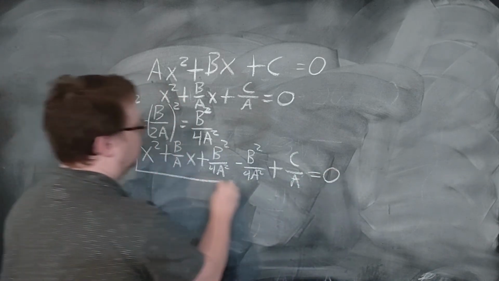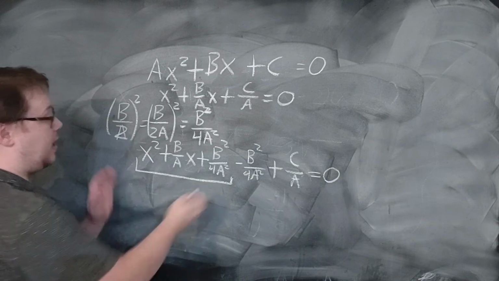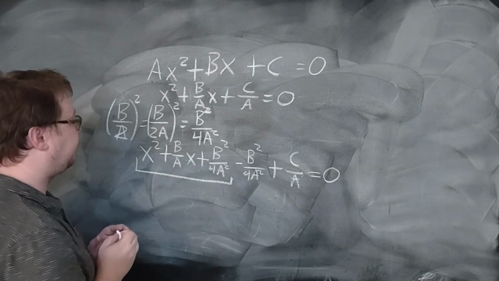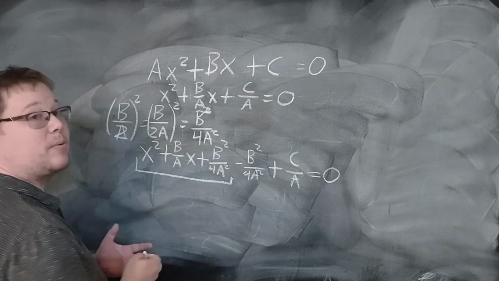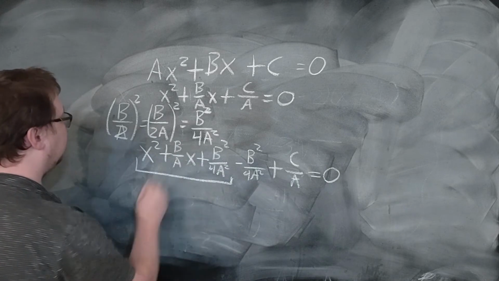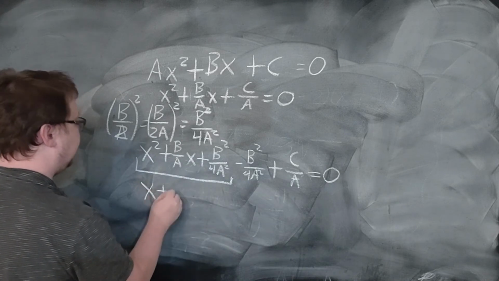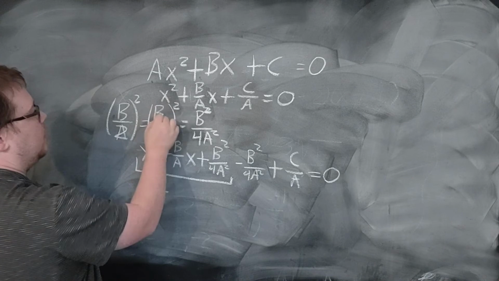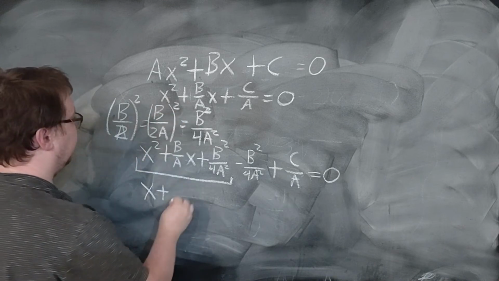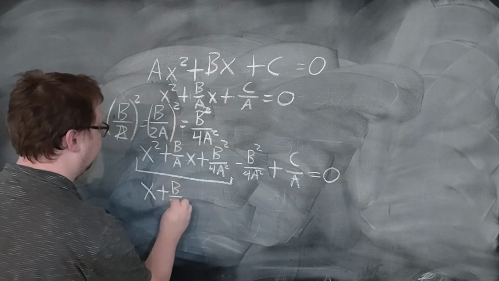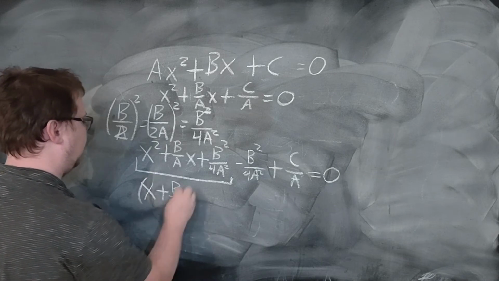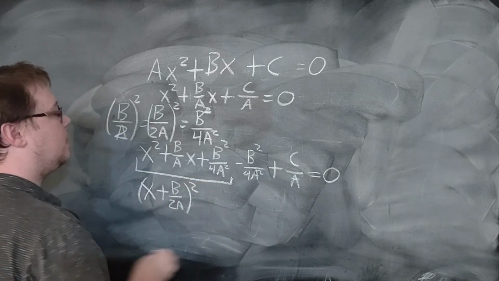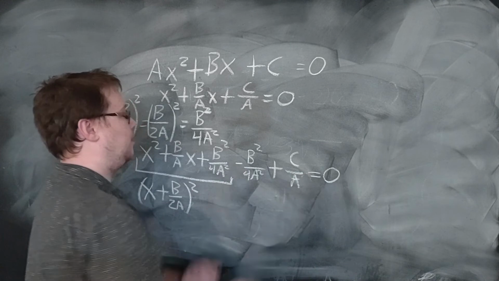So, I will now complete the square by factoring this. And if we remember right, this will always factor into x plus this magic number before we square it. So that's b over 2a squared. And now we have to deal with all of this part.